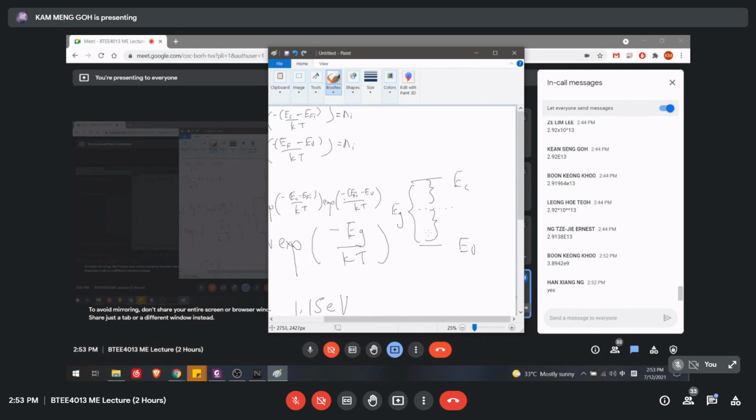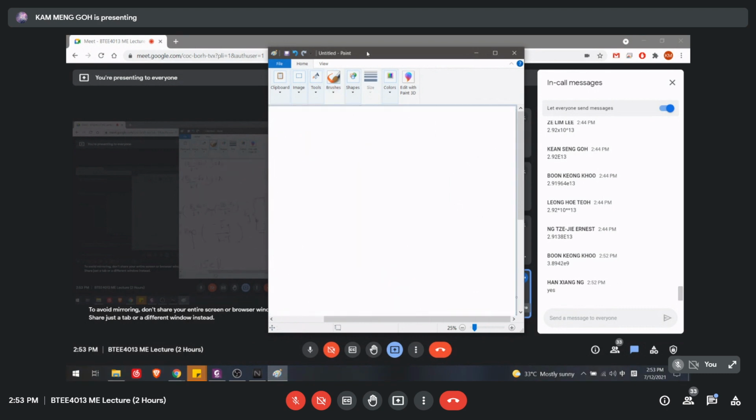Okay, let me conclude everything for today. First, last week we learned about the density. Then we also learned about the probability. By multiplying this and this, we can roughly know the number of electrons. But we cannot just simply do the multiplication. We need to do the integration.